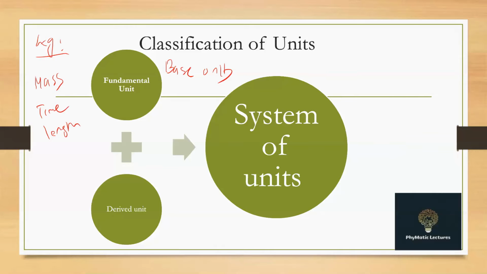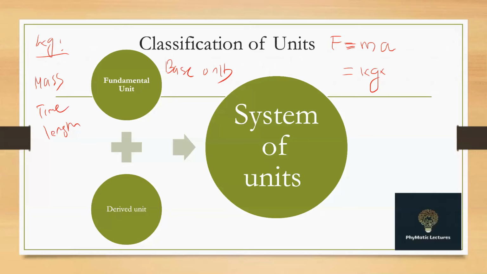For example, we know what force is, right? According to Newton's second law, force is equal to mass into acceleration. If I would like to write the unit for force, what is the base unit of mass? Kilogram, right?